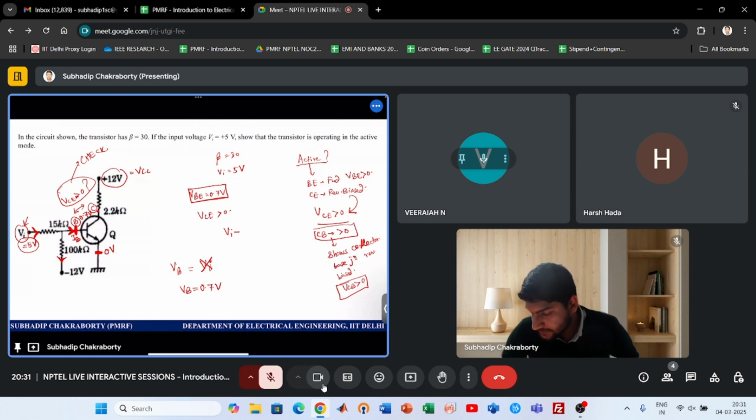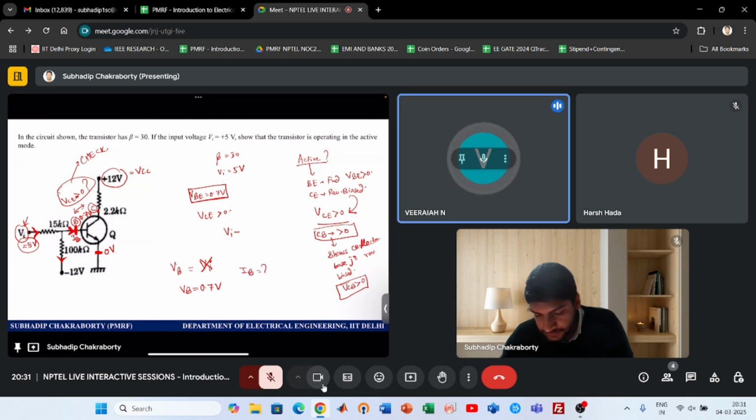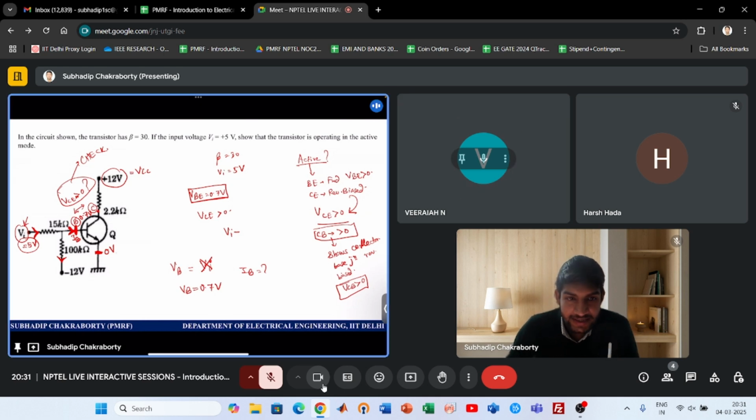So try to calculate this current IB. 0.407 milliamps. How you calculate it? First you explain. Don't jump into the answer.